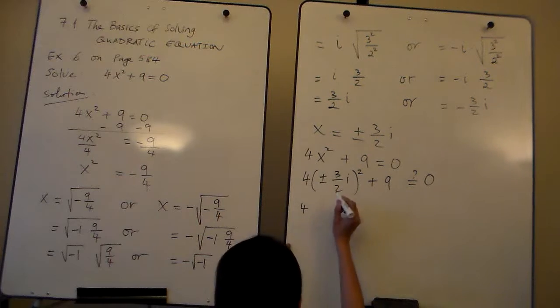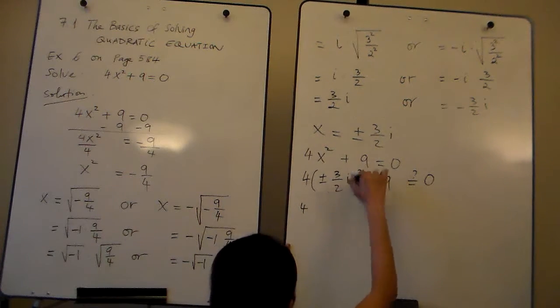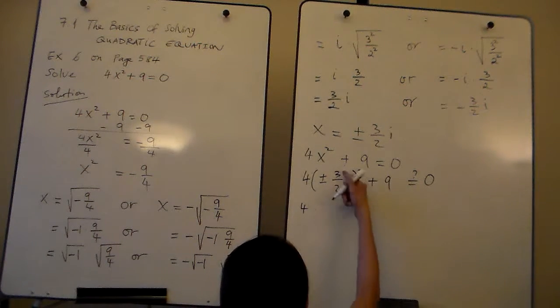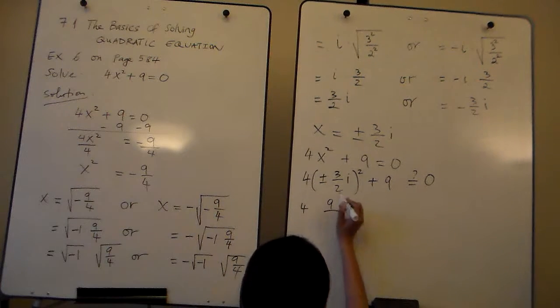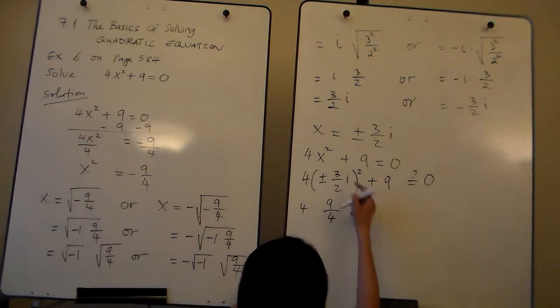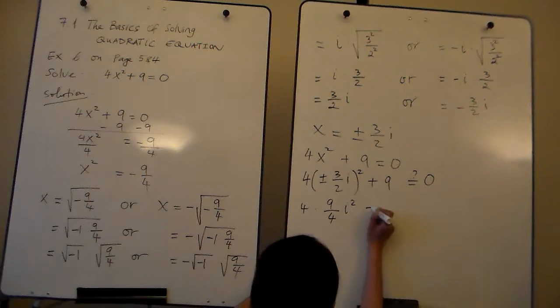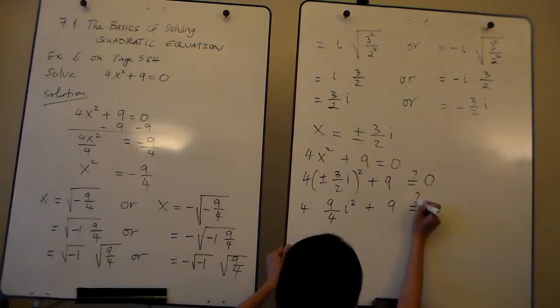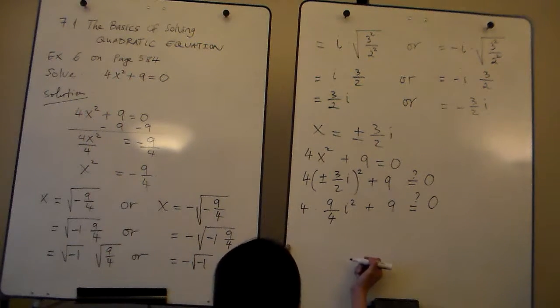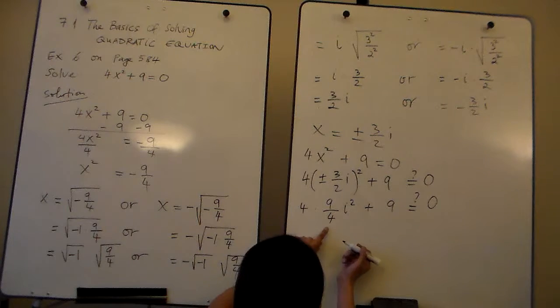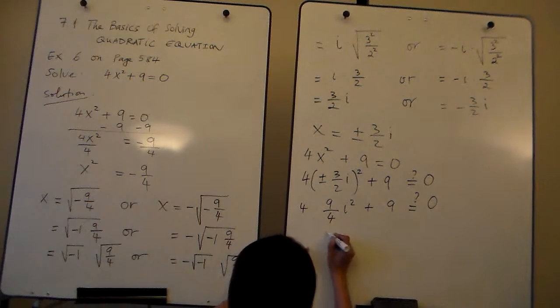Simplify: 4 times plus or minus, when you square it, becomes positive. 3 squared is 9, 2 squared is 4, i squared is i squared, plus 9, question mark, equal to 0. The 4 on top and the 4 at the bottom cancel, giving 1, and 1 times 9 is 9.